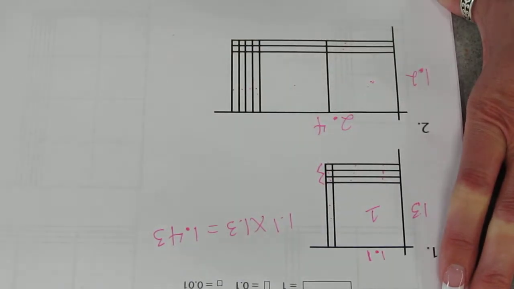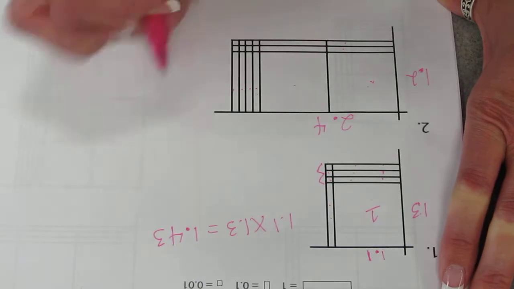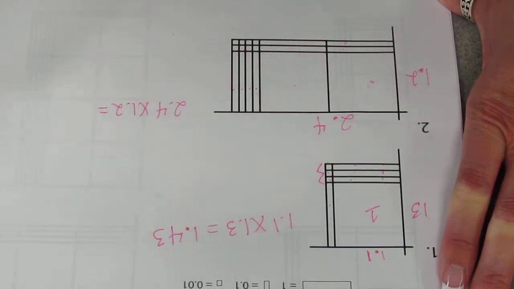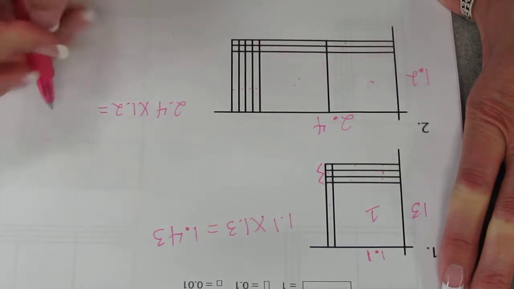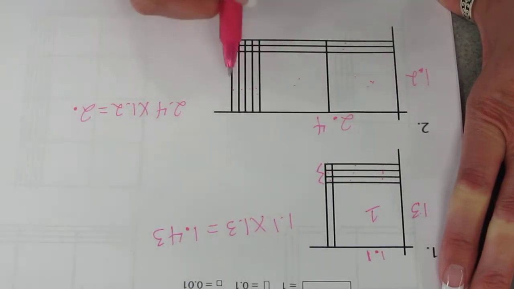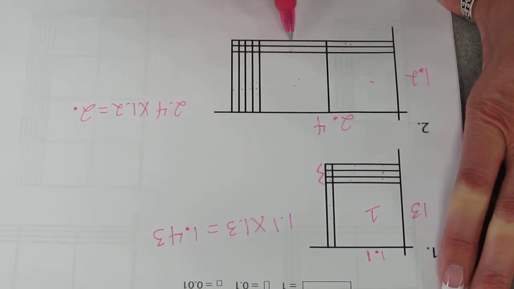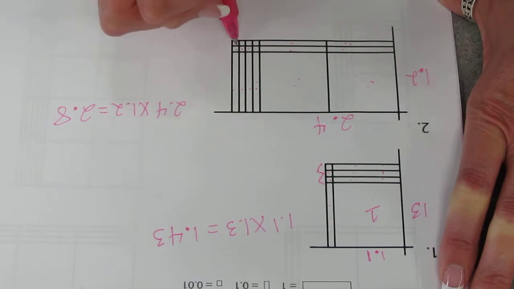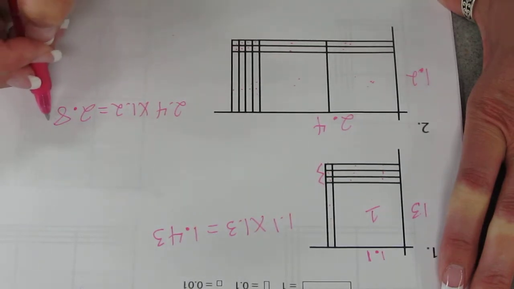Okay? Now I want to find my answer. 2 and 4 tenths times 1 and 2 tenths gives me 1, 2 wholes and then a decimal, 1, 2, 3, 4, 5, 6, 7, 8 tenths, and then 1, 2, 3, 4, 5, 6, 7, 8 hundredths.